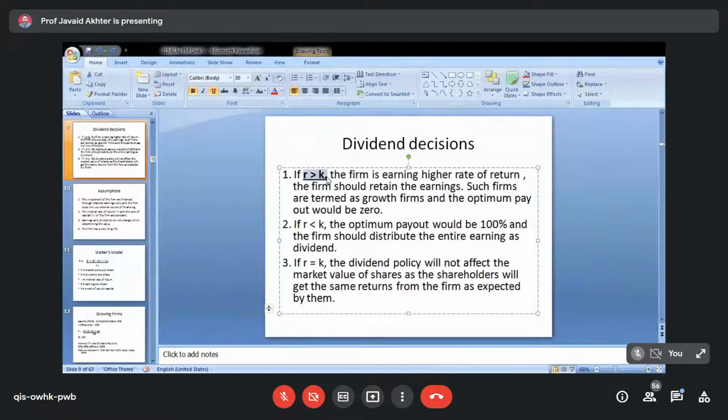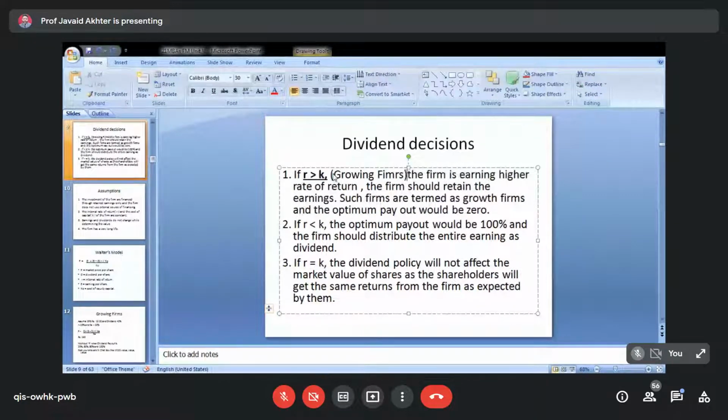So these firms are known as growing firms. Firms for which the IRR is more than the cost of equity.